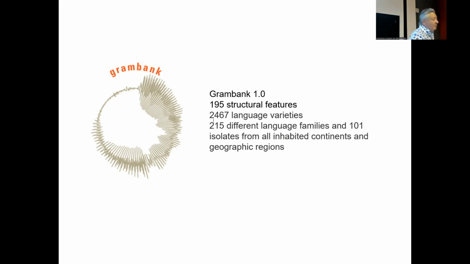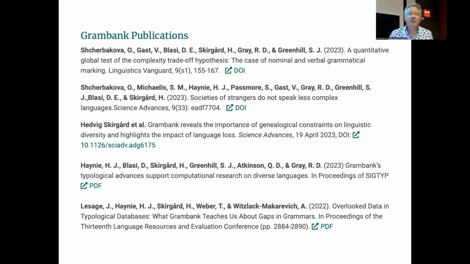What has happened in terms of outputs from the Grambank project so far? Well, there are 5 papers published. As most of you are aware, there was the Grambank launch paper that was published a month or two ago in Science Advances. There's also been a paper by Alina Shcherbakova and colleagues on a quantitative test of the complexity trade-off hypothesis, published in Linguistics Vanguard.